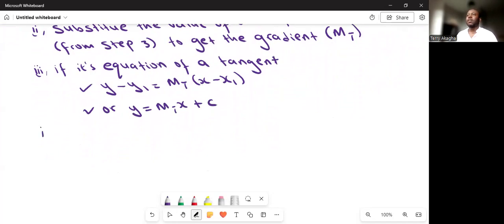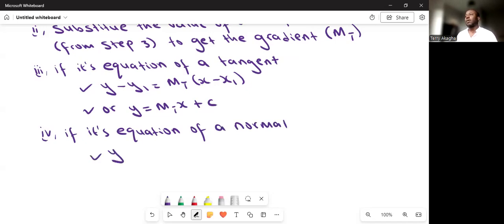Now, but in some cases, you could be asked to find the equation of a normal. So if it's the equation of a normal, in this case, you're going to use y minus y1 is equal to mn x minus x1.